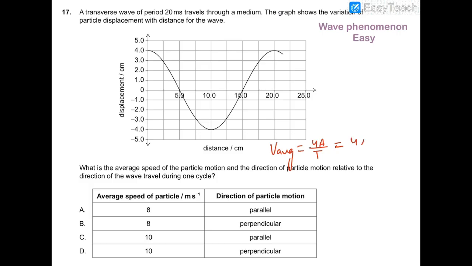So this is 4 into 4 into 10 raised to power minus 2, divided by 20 into 10 to the power minus 3. So it is 4 by 5 into 10 to the power 1. So it is 8. So the correct answer will be B. Now let us move on to the next question.